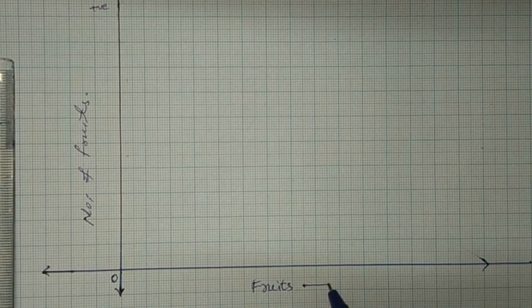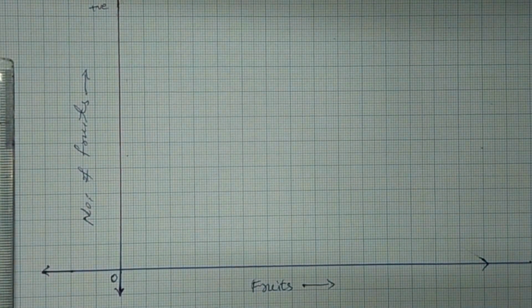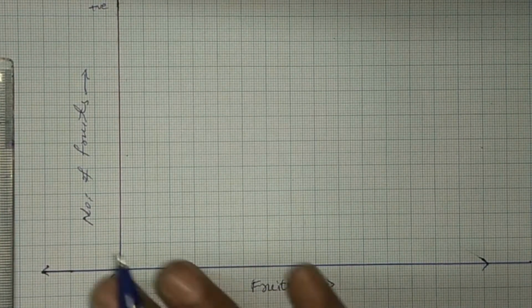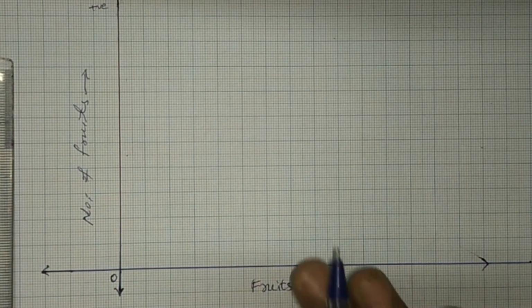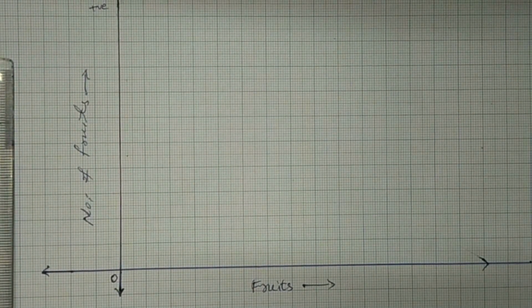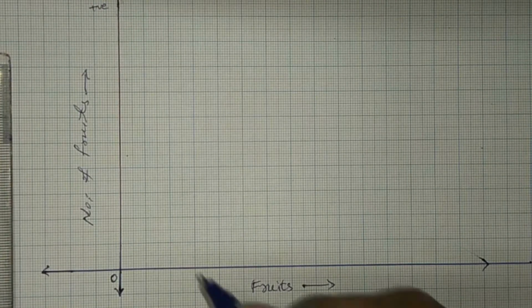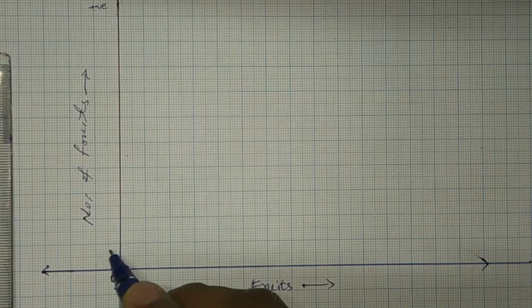So, this is how I am going to first draw the bar graph axes, horizontal axis and vertical axis. Later, students, we will name the numbers.